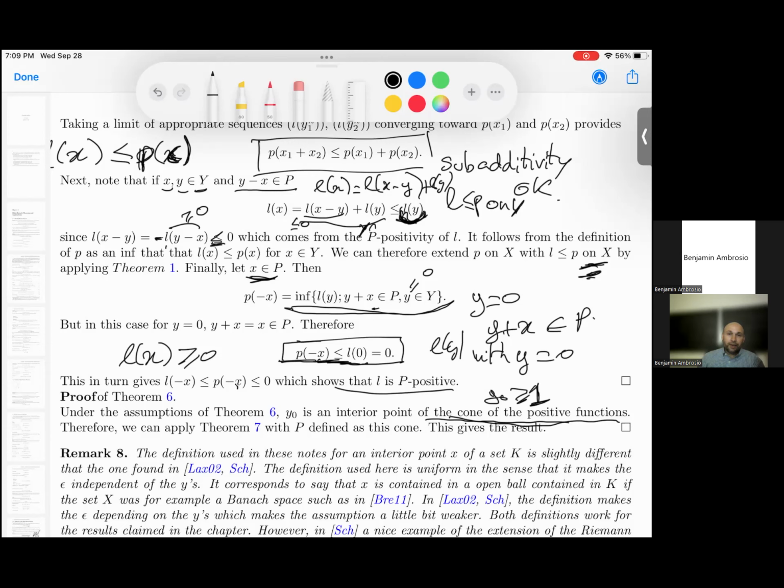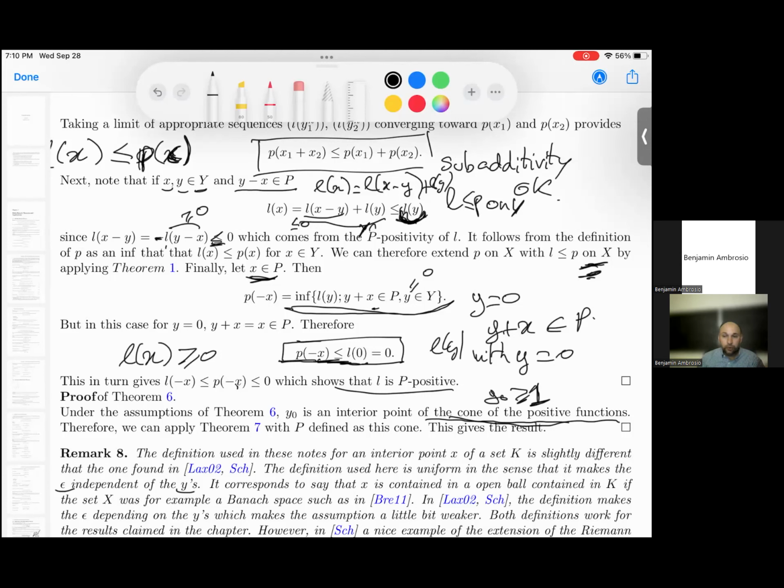All right, so I have to make some remarks. The definition that we used for interior points is the one we generally use when we have a metric, for example in a Banach space. But this definition, which works with balls, has an epsilon independent of y.